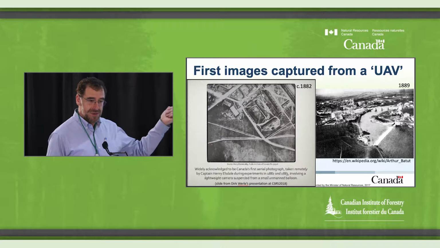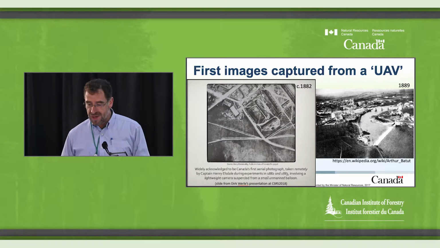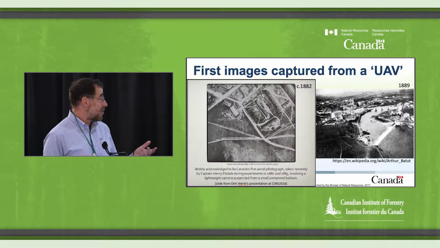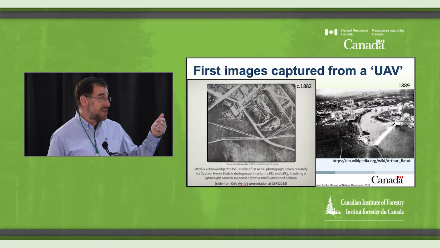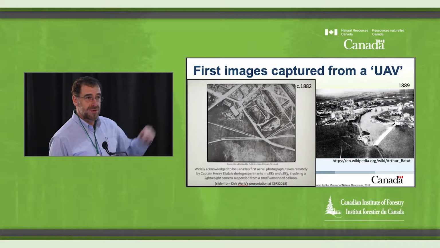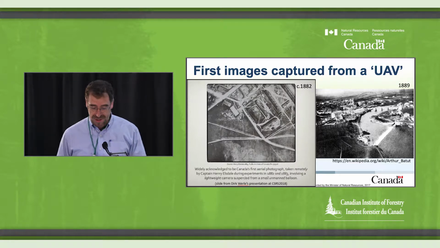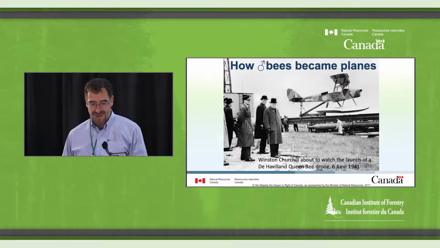It was done by a Royal Engineer, Henry Elsdale, who used an unmanned balloon. So we can say this is the very first photo taken from an unmanned platform, circa 1882. That's quite a while ago, in Halifax.